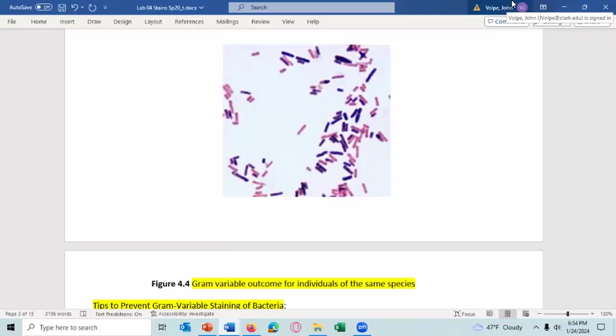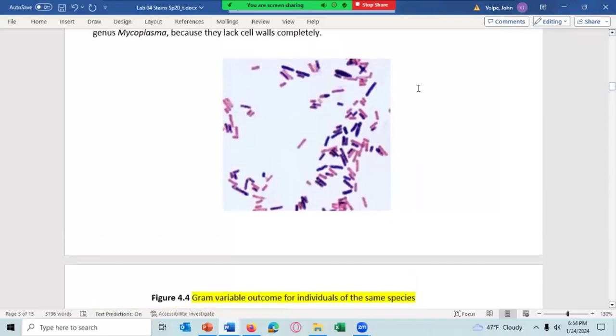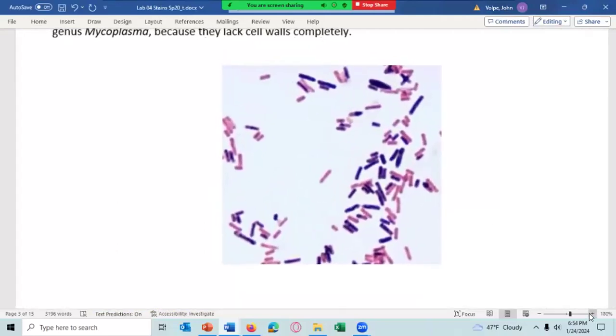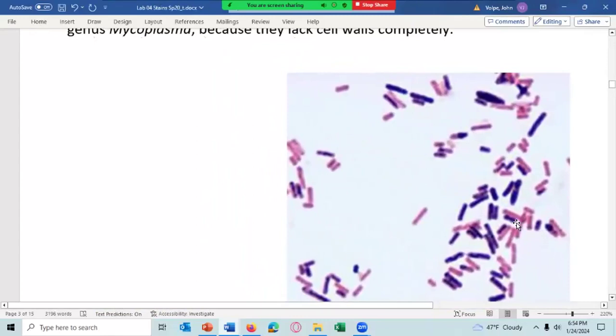And this slide is one species which has been stained with the gram stain. You can see some cells staining gram positively, the dark purple, and then some cells which stain lightly or pinkish.